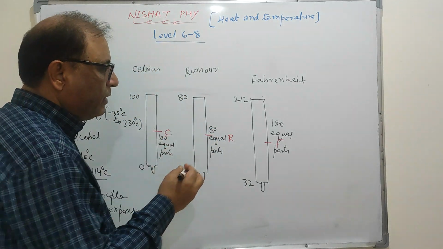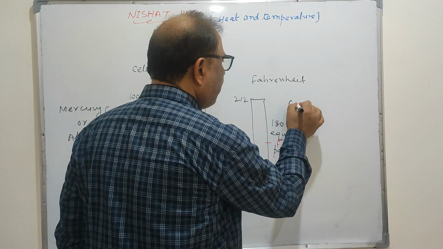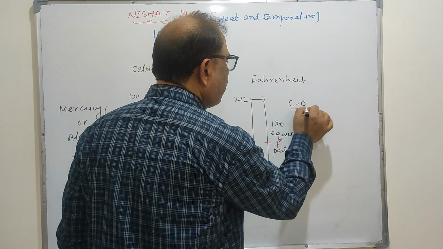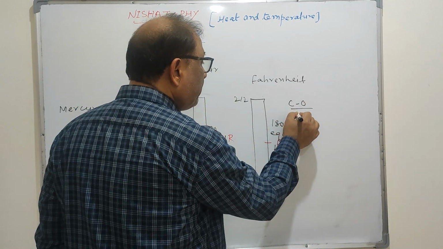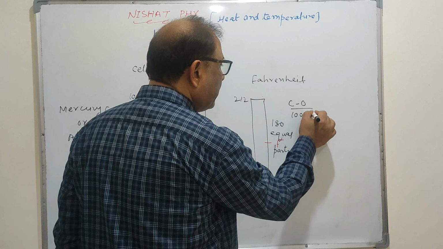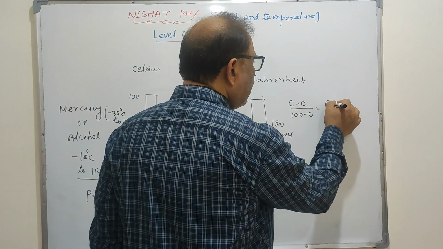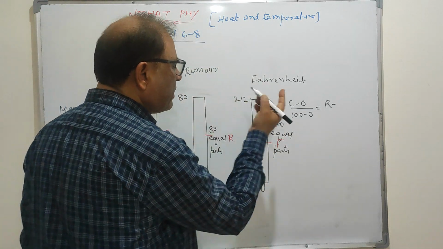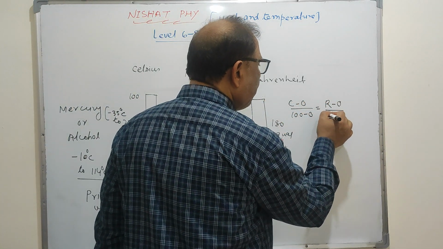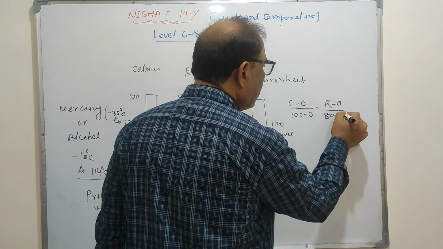So for C, any temperature minus 0, the minimum temperature, then maximum minus minimum. For Reaumur, R, this temperature R, minus 0, and maximum minus 0.